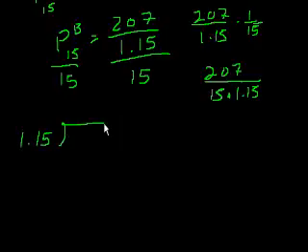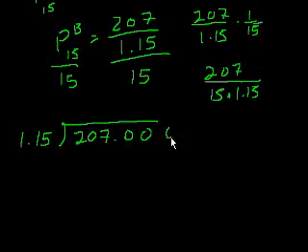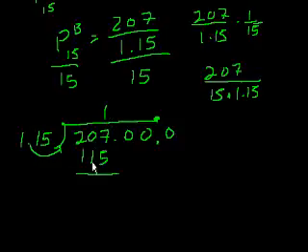1.15 goes into 207. Add some decimals, push this 2 to the right, decimal goes there. 115 goes into 207 one time. 1 times 115 is 115. And then, let's see, it's 85 plus 7, that's 92, 920.